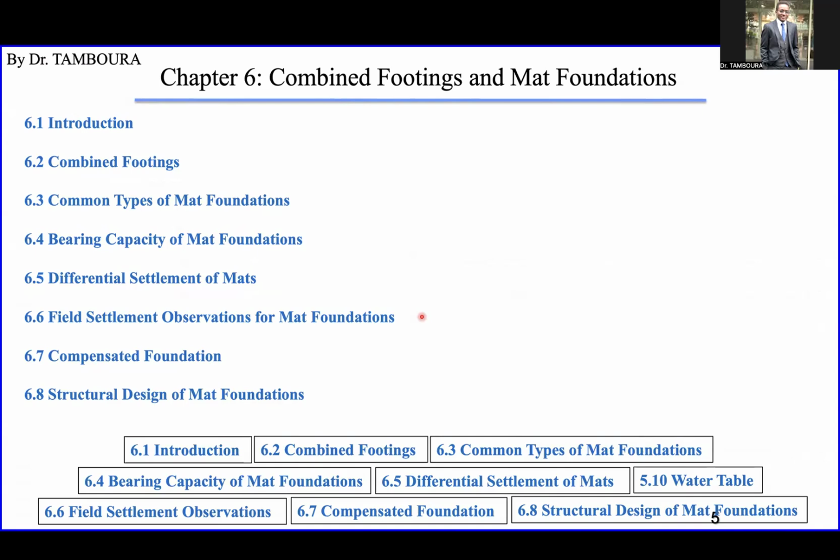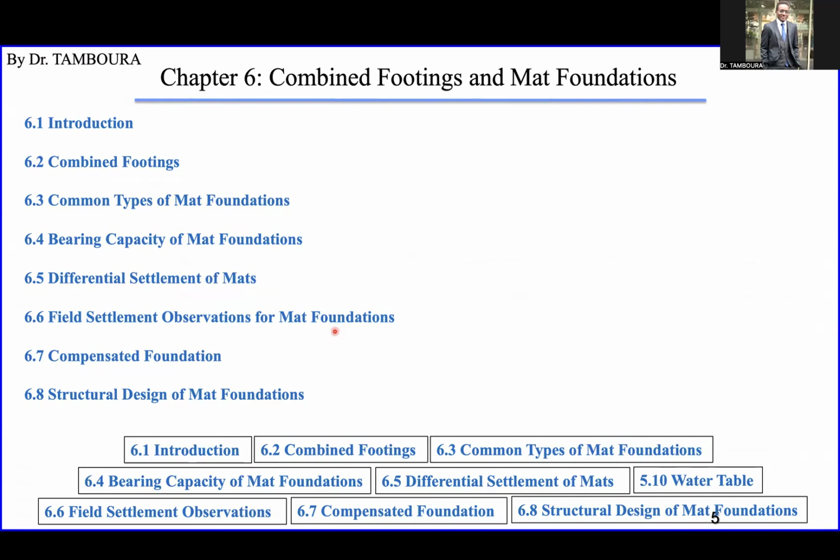So this is the content of this chapter: introduction, combined footing, second position, and we will talk about the common type of mat foundation and bearing capacity of mat foundation, and settlement, also differential settlement of mat foundation, and also settlement observed on field.